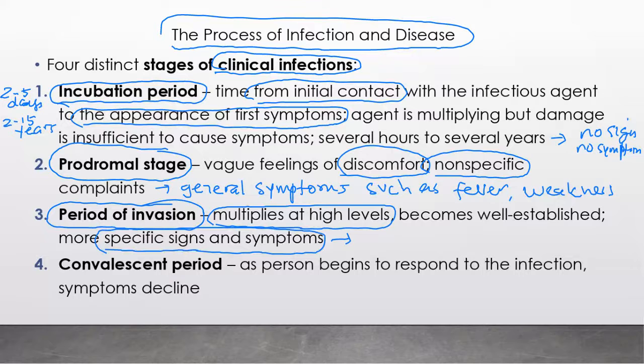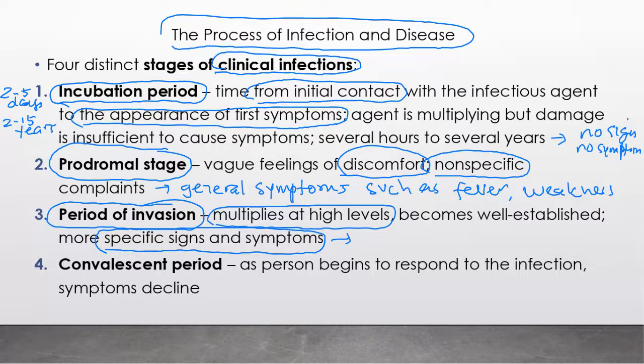So we will know what type of disease this is because it has very specific sign and symptom. Okay, it's not only headache or maybe fever, but there will be more specific symptom of this disease. This is what we call the period of infection.